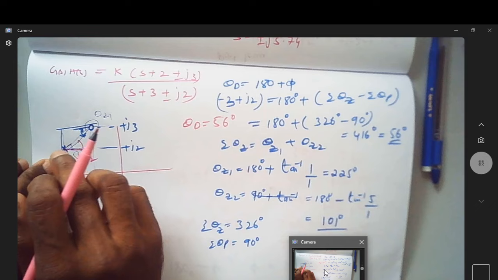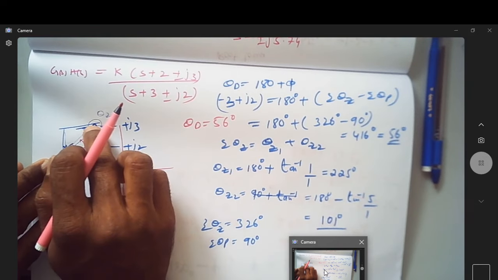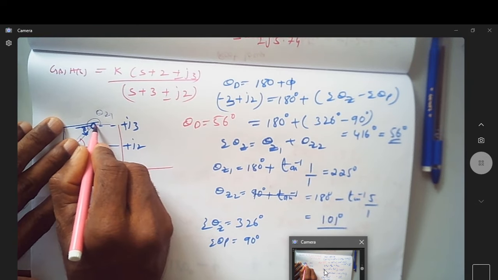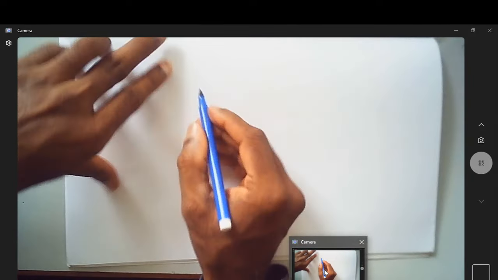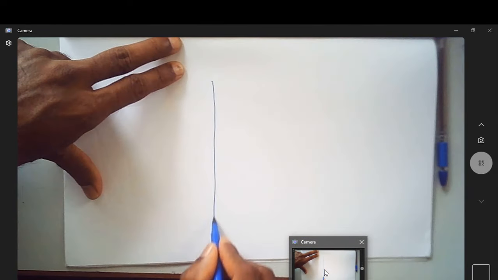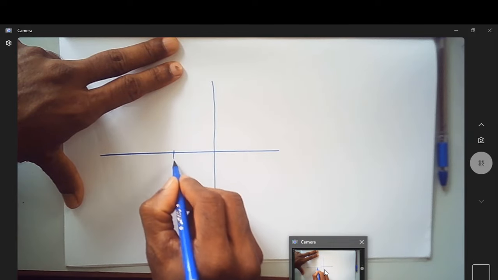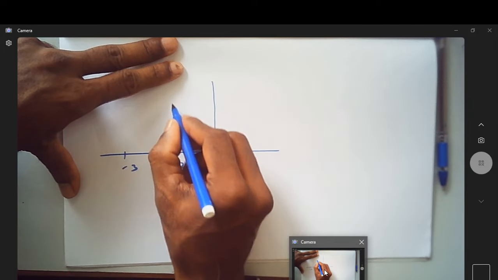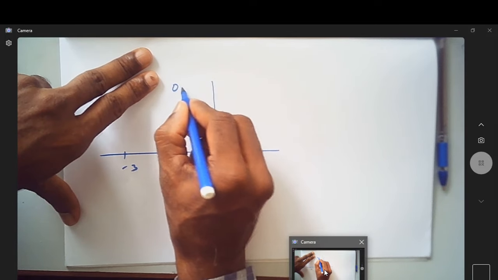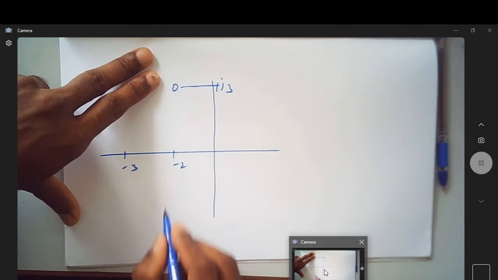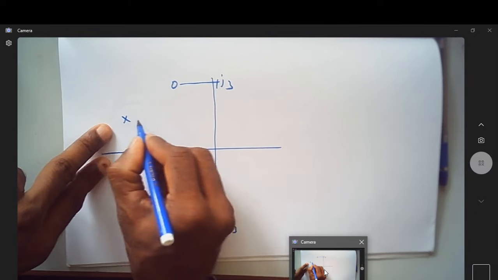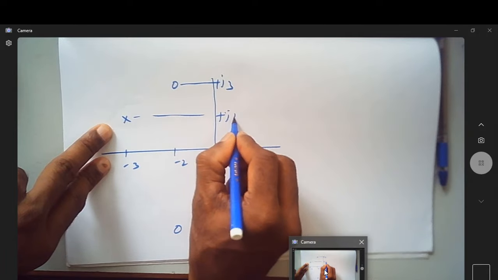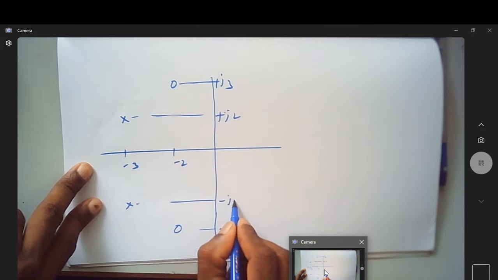So this is angle 0, this is 180, and let me rewrite that boldly here, taking out all other things. This is minus 2, this is minus 3, and we have this at plus j3 and minus j3, and this at plus j2 and minus j2.